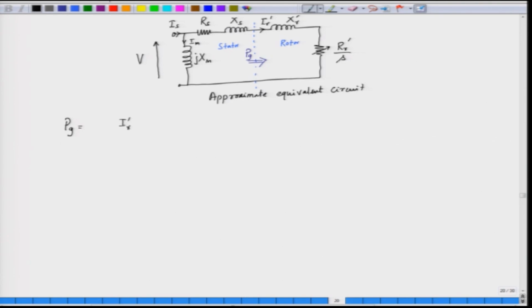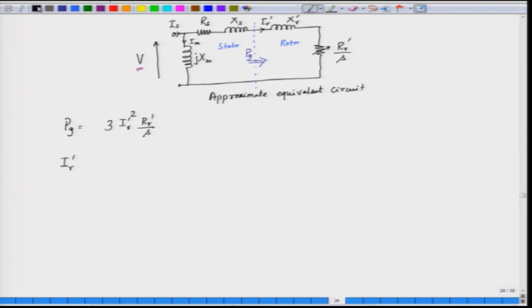Ir prime square into Rr prime by s. Now, this is for a single phase circuit, since we have 3 phase, we can multiply by 3. Now, what is Ir prime? Ir prime is the rotor current referred from the primary side. So, this Ir prime can be evaluated. We have applied a voltage, that is V here is AC voltage, and we have an impedance in this case.